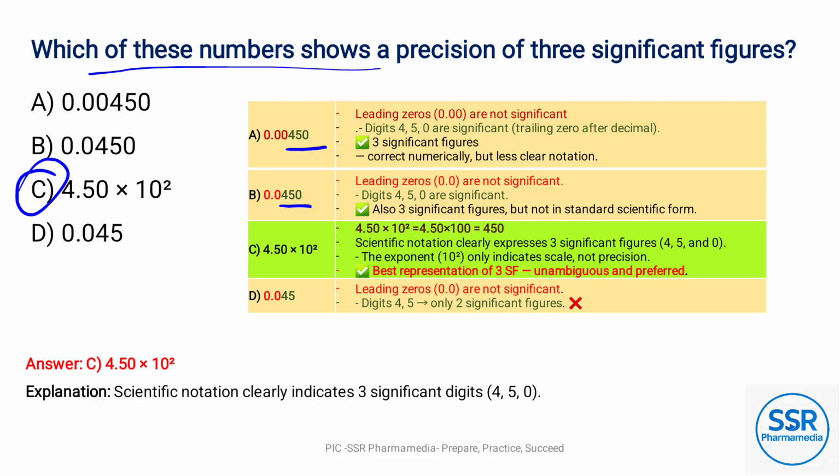And here there is no 0, so 0 is after the number. So this one is the exact significant and best representation of the significant figures. So we should choose this option only. If they ask for the number of significant figures, we can tell the numbers, but the correct representation for this question is option C. So scientific notation clearly indicates 3 significant digits, 450.